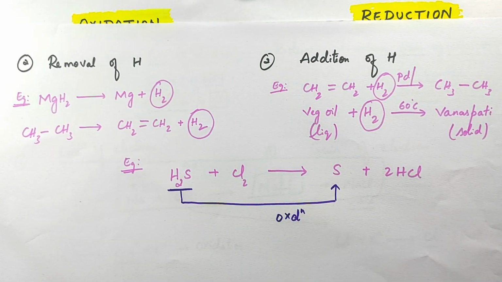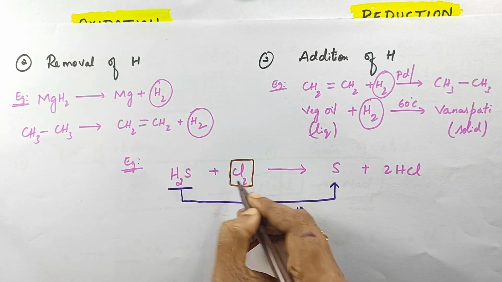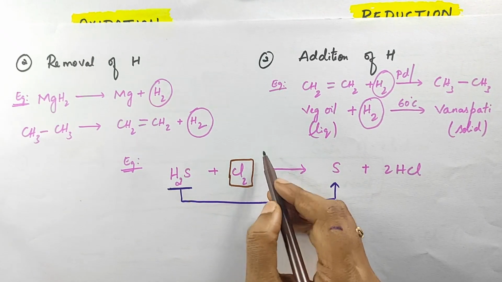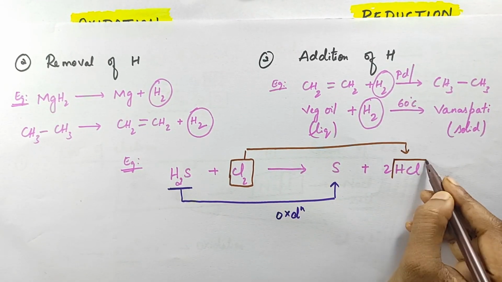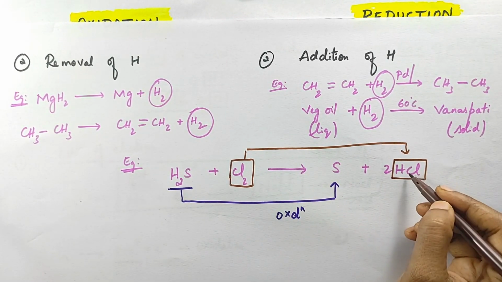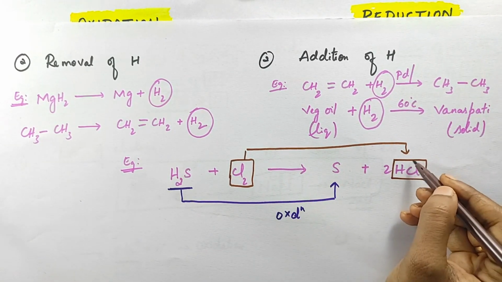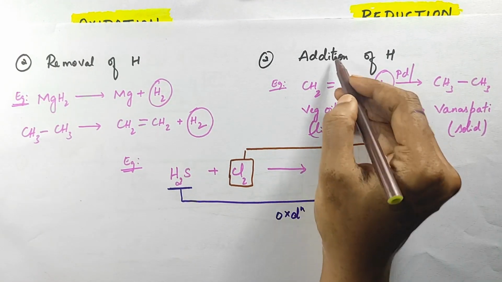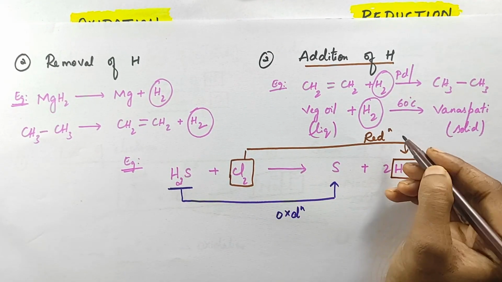Next one, that is chlorine. On the reactant side chlorine has converted into HCl. So here there is no hydrogen, and in the product side we find hydrogen. That means the hydrogen has been added. So addition of hydrogen means reduction.